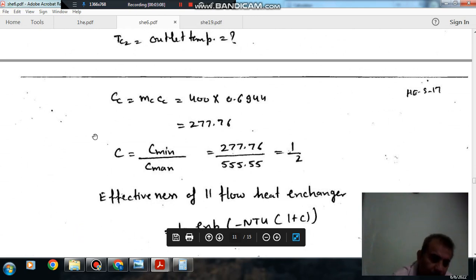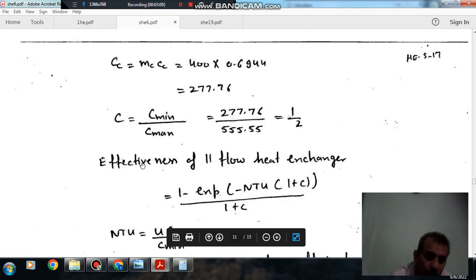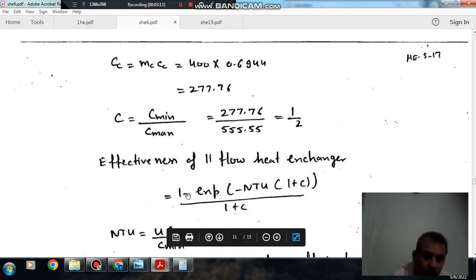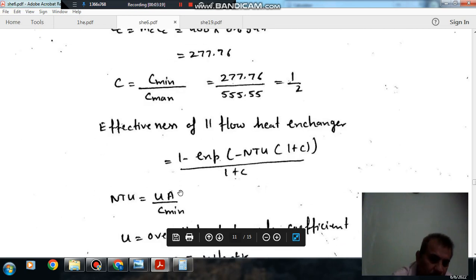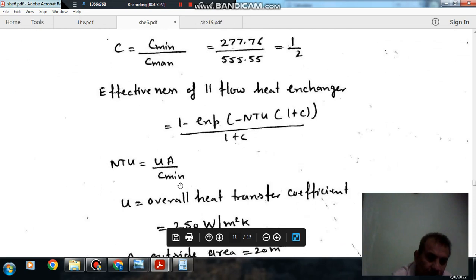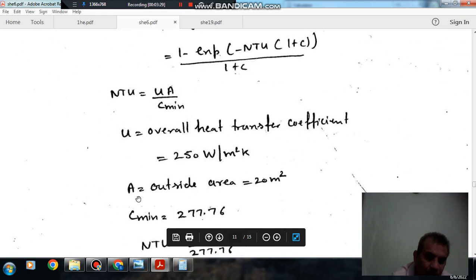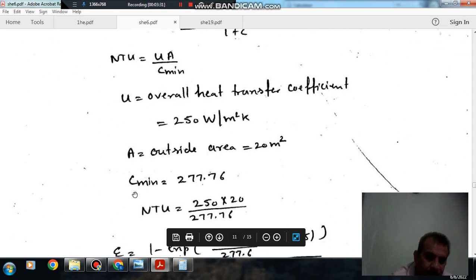As it is a parallel flow heat exchanger, the formula for the effectiveness of a parallel flow heat exchanger is 1 minus exponent of minus NTU times 1 plus C, divided by 1 plus C. C is 1 by 2, NTU is the number of transfer units, and it is equal to UA by C minimum. U is the overall heat transfer coefficient, given as 250 watt per meter square per degree Kelvin, and the outside area is 20 meters square.